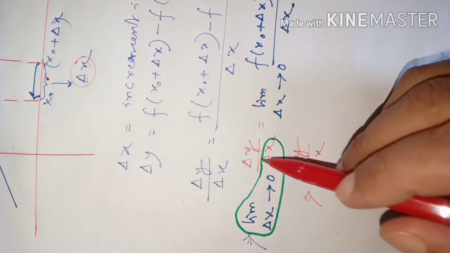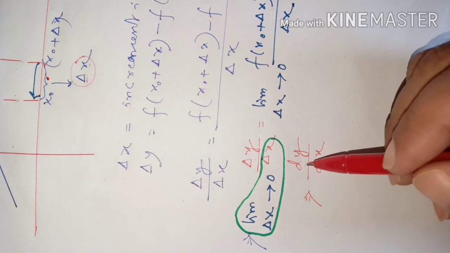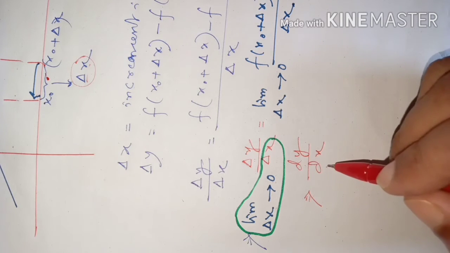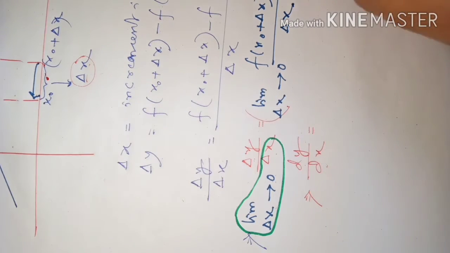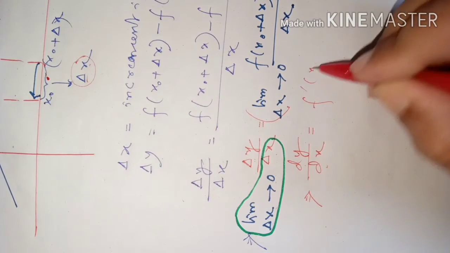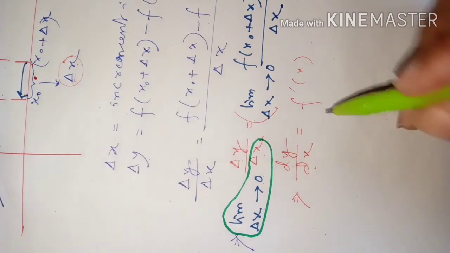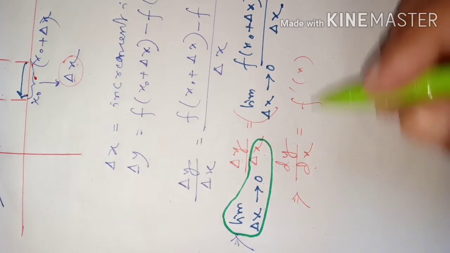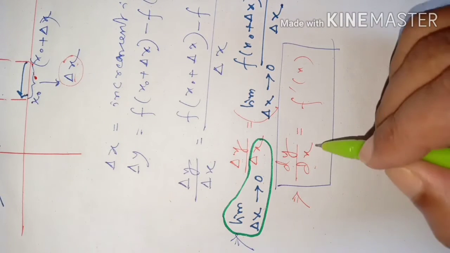But you should not think that delta y is actually equal to dy, not that one, it is just differential. But in this case dx is equal to delta x, so this whole thing we can also write as f dash x, the derivative of the function f with respect to x. So dear students, what you got here, dy by dx, that is equal to f dash x.